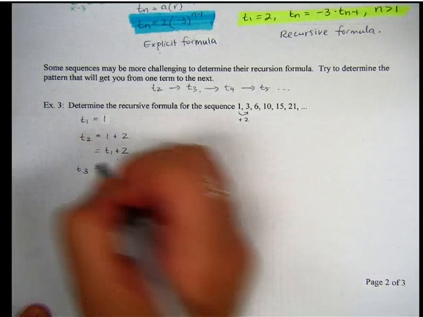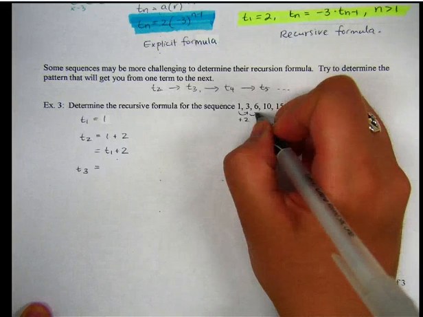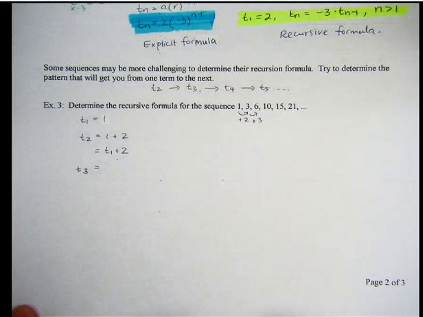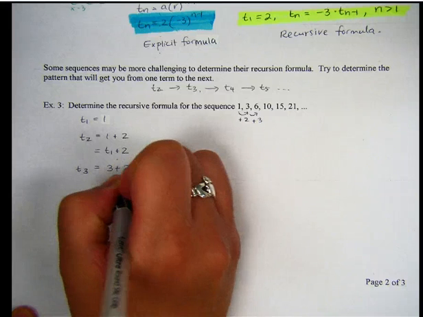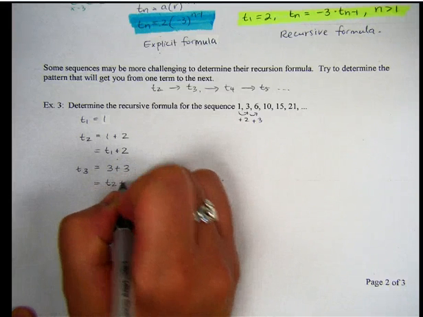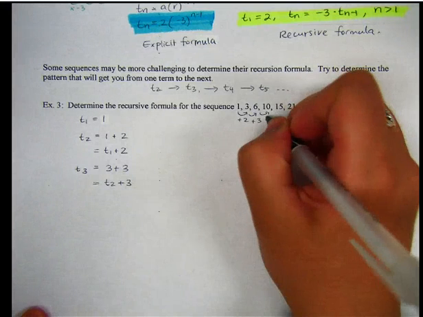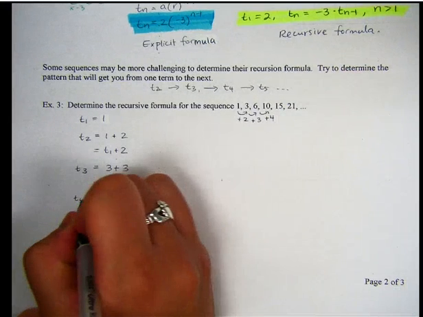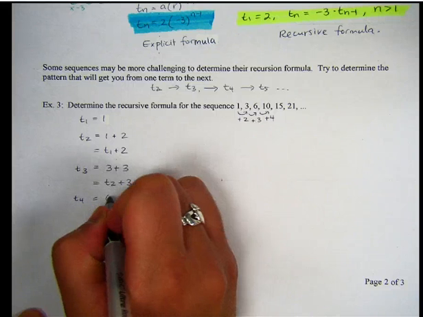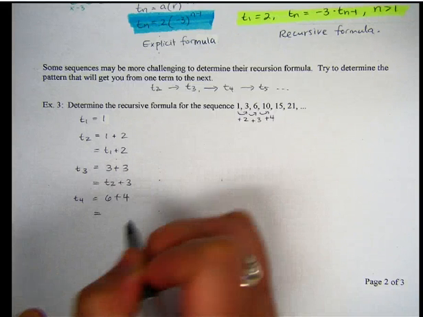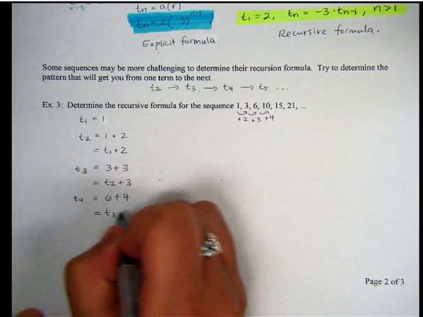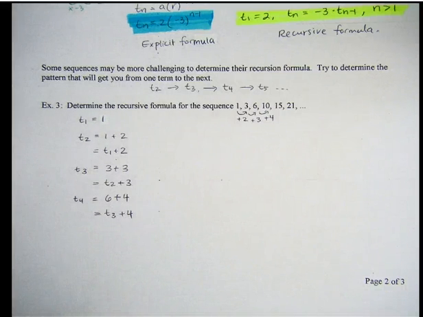All right, I'm going to try this again. T3, the third term, is going to be 3 plus 3, so the second term plus 3. And keep this going. The fourth term is equal to 6 plus 4, so the third term plus 4, so on and so forth.